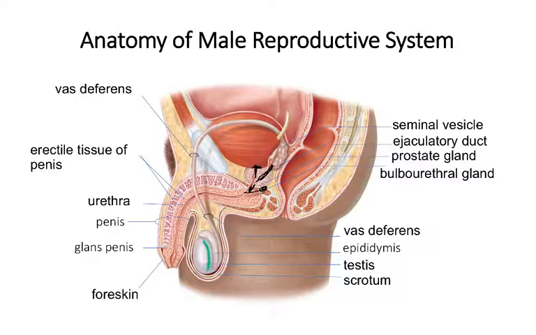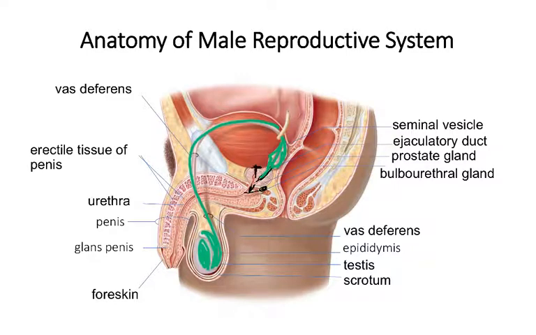So we have the testis here, which is inside the scrotum, which holds both testes. And this structure is called the epididymis, and it leads into the vas deferens, which comes up, goes around the top, or loops over the top of the ureter. Then we've got seminal vesicles, which is an exocrine gland.